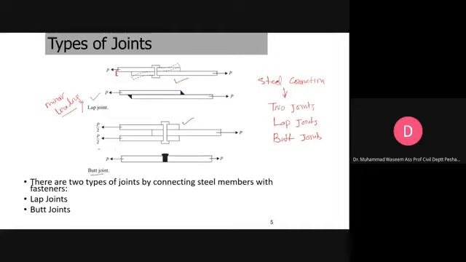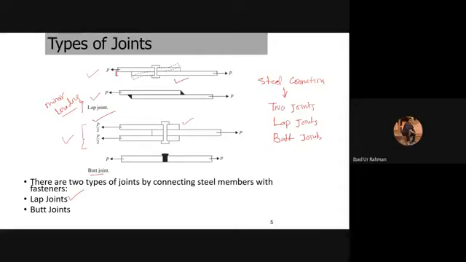So in a butt joint there is symmetrical loading, and you should always go for butt joints in your steel connections. In this one, we have unsymmetrical loading. In this one, we have symmetrical loading. So try to go for this connection. Is that clear to all of you?